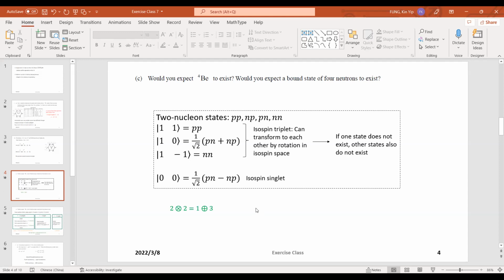Physically, you just apply some external, let me see how to say that. Imagine these are not isospin but just spin.